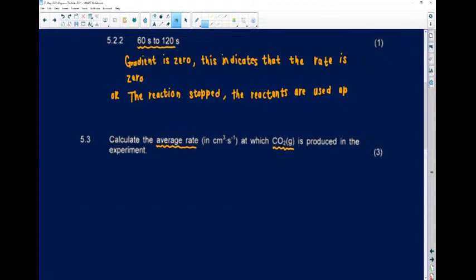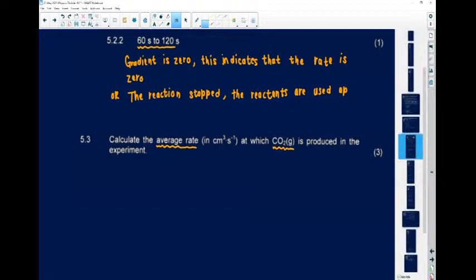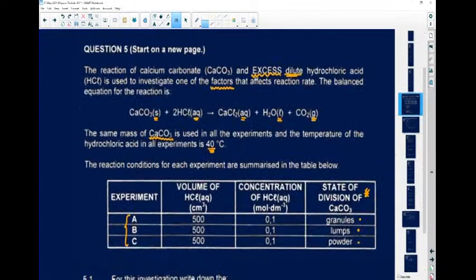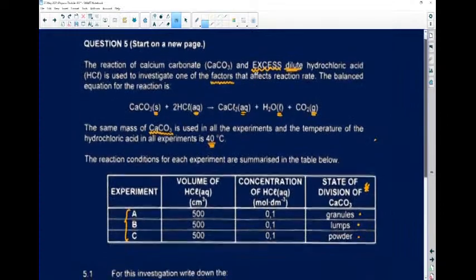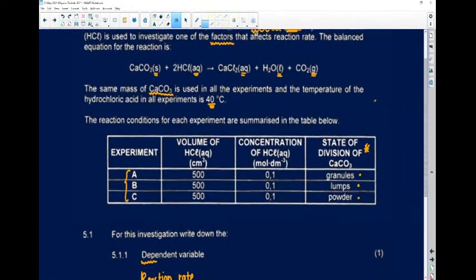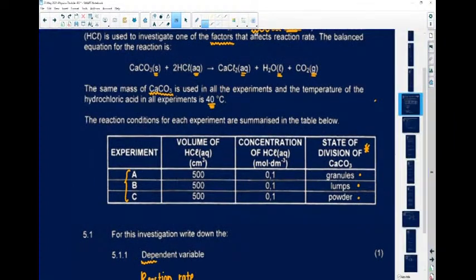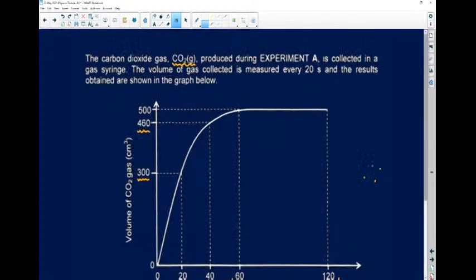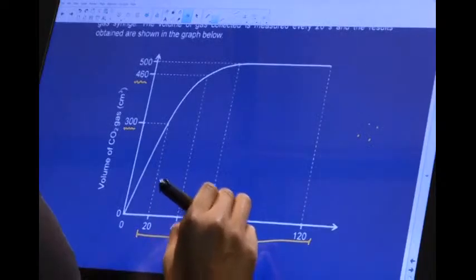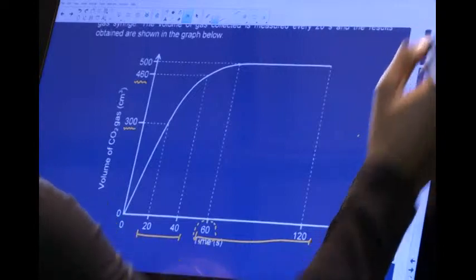So I can go back to this information, and I can see that the volume I'm given is 500, and the reaction actually reached completion at the time of 60 seconds.